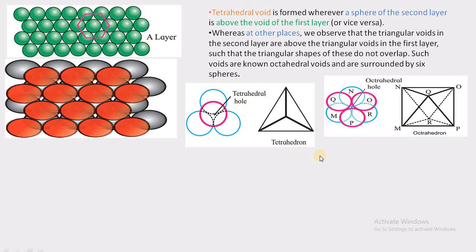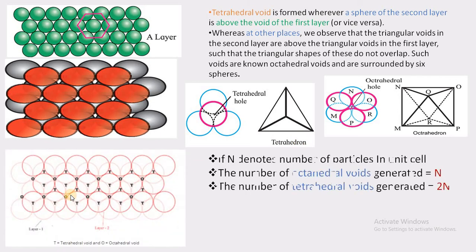And if the spheres are placed at the other places, the triangular voids in the second layer are exactly above the triangular voids in the first layer, and hence an octahedral void is formed, and that octahedral void is surrounded by 6 spheres.